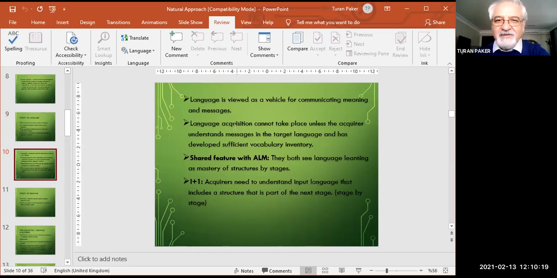Language is viewed as a vehicle for communicating meaning and messages. So when you make a mistake, it's the problem of the listener to make meaning out of this. That's why I encourage my students to communicate however they like. If your addressee does not understand you, then you have to negotiate it. What do you mean? Please explain it with other words.